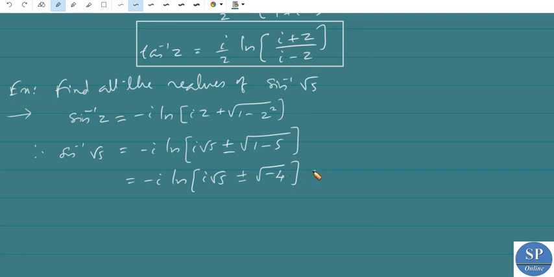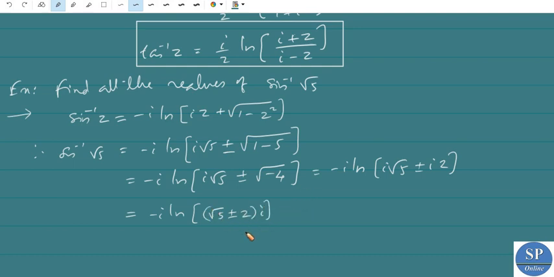We know this is nothing but minus i ln of i root 5 plus or minus i into 2, or 2i. Okay, so this is equal to minus i ln of i root 5 plus or minus 2 into i.